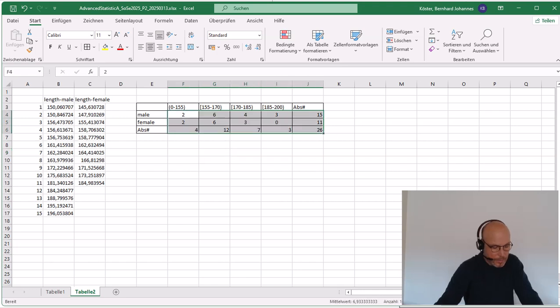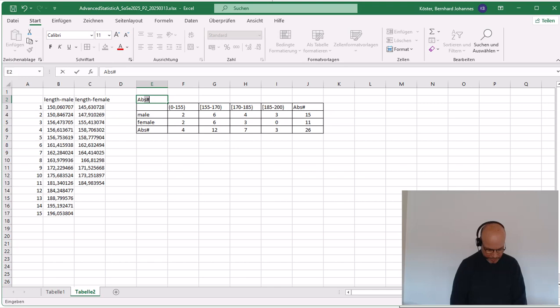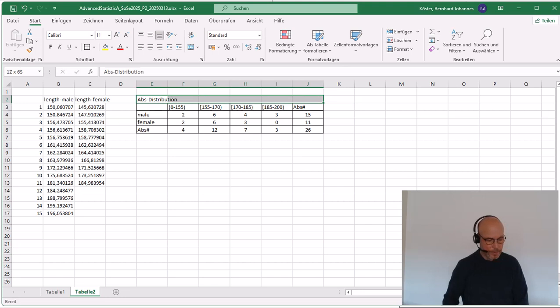And let's move this into the middle. So, these were our absolute distribution.